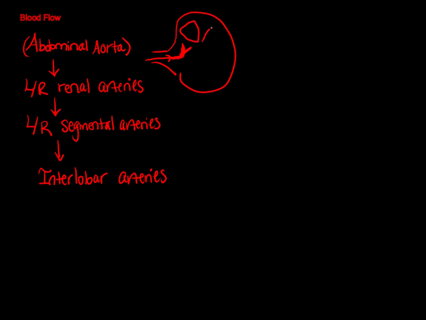Now, each of these regions has a single renal pyramid, so just like how we talked about lobes with the lung, we also have different lobes of the kidney. And so as we go between the lobes, we're going to go interlobar, because I want you to think lobes.